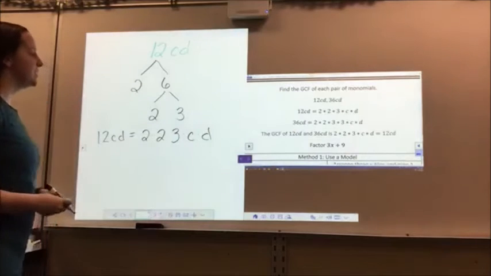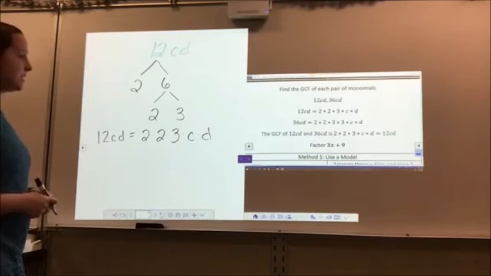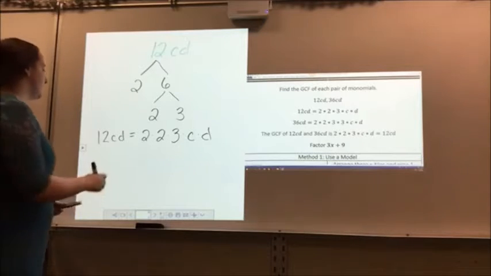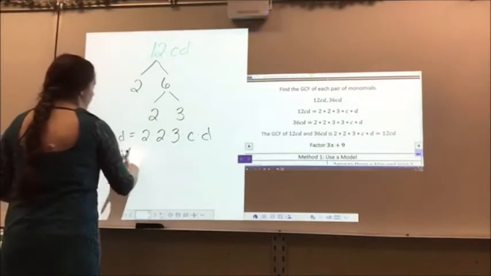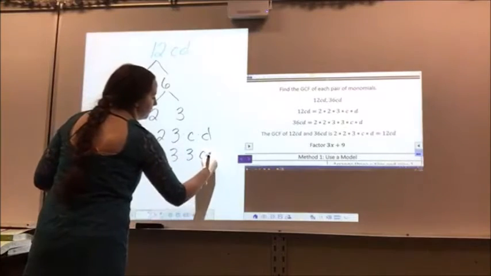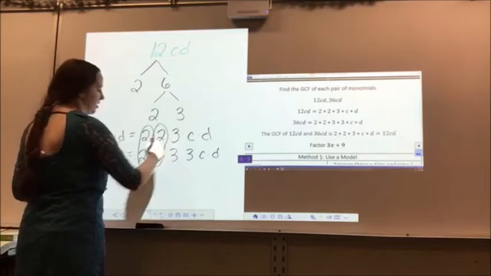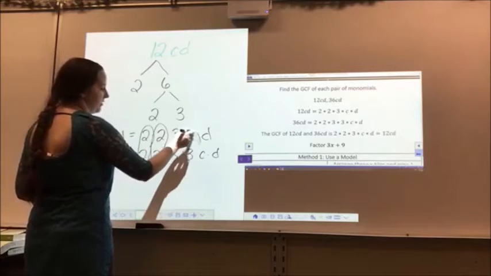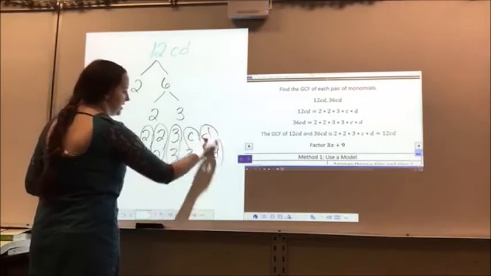Okay? I can do the same thing for 36. When I break that down, I get 2 times 2 times 3 times 3 times C times D. Okay? And then for this, because I'm finding the common factors, whatever they have in common, so they have 2 2's in common, they have a 3 in common, they have a C in common, and a D in common.